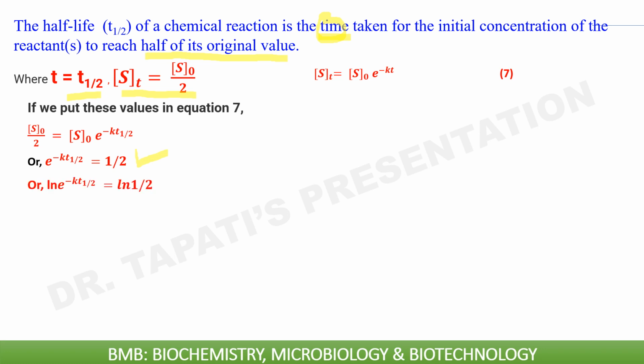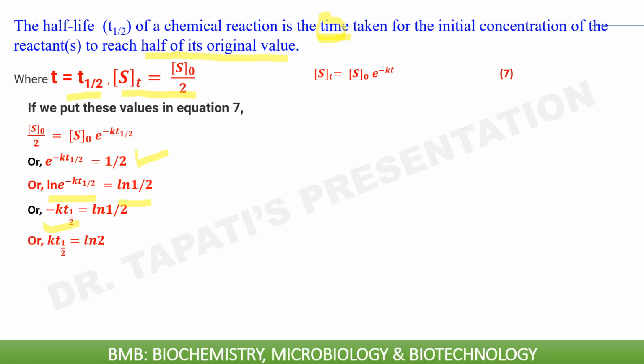or ln e to the power minus k t half is equal to ln half, or minus k t half is equal to ln half, because ln e to the power x is equal to x, so here ln e to the power minus k t half is equal to minus k t half.